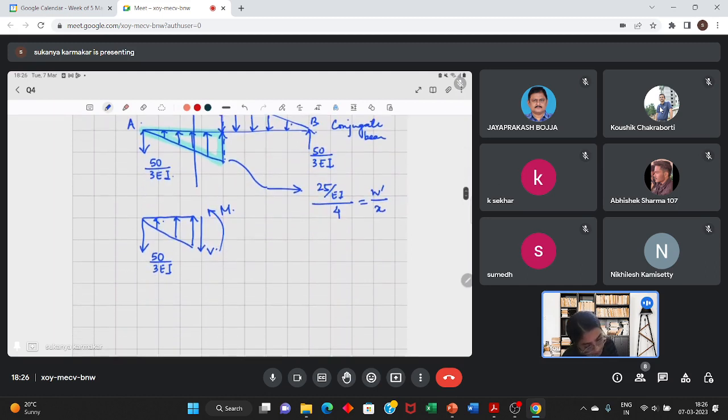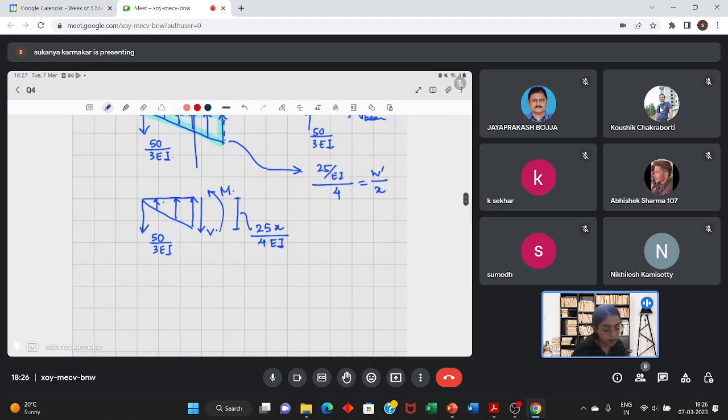So here the load value will be 25x by 4 EI. Now we can sum the forces in the vertical direction to calculate the shear force.